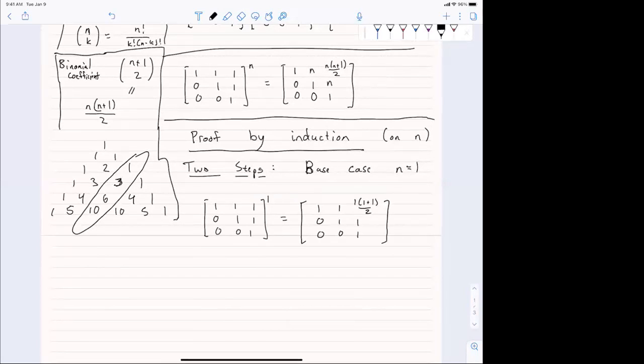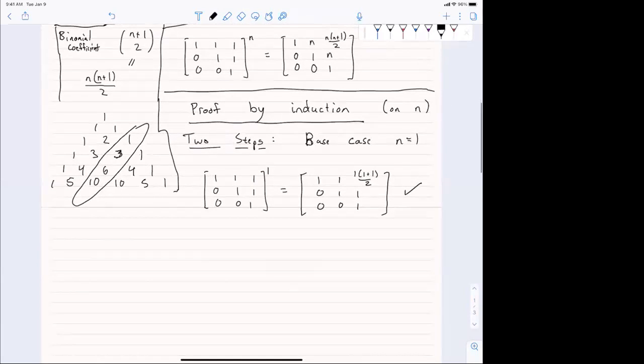I'm just putting 1 into my formula. Well, this is definitely true. I'm just verifying that indeed this does satisfy the formula. Of course, this to the 1 is itself, so it does satisfy the formula. So the base case is no problem. There are some proofs by induction where the base case is kind of the hardest part. This is not one of them.